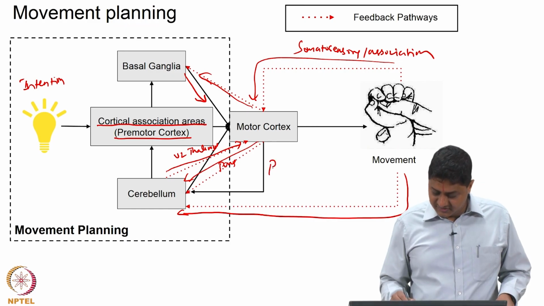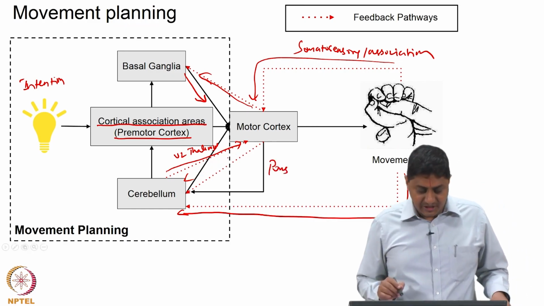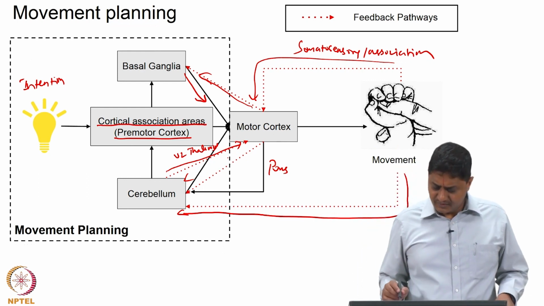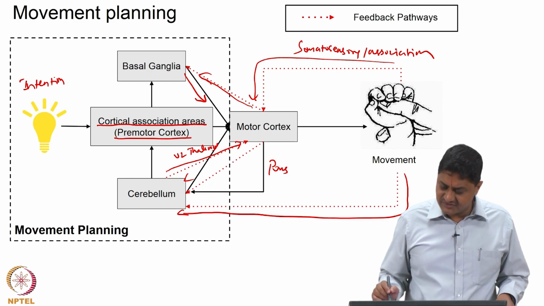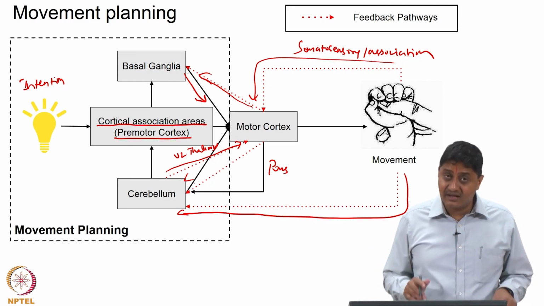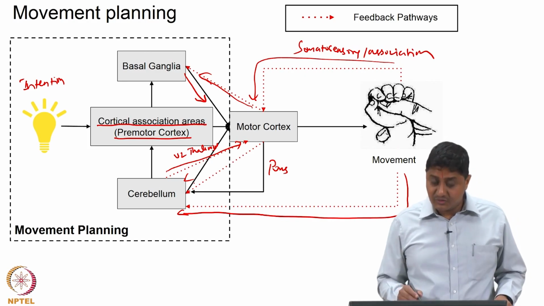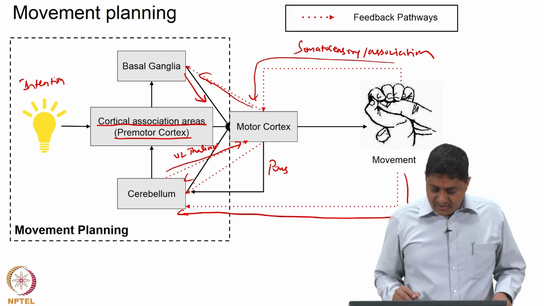So, there are multiple loops, multiple feedback circuits. There is feedback about the movement via the somatosensory association cortex, and feedback sensed by the cerebellum, which then sends appropriate corrective commands to the motor cortex or to the brainstem regions.